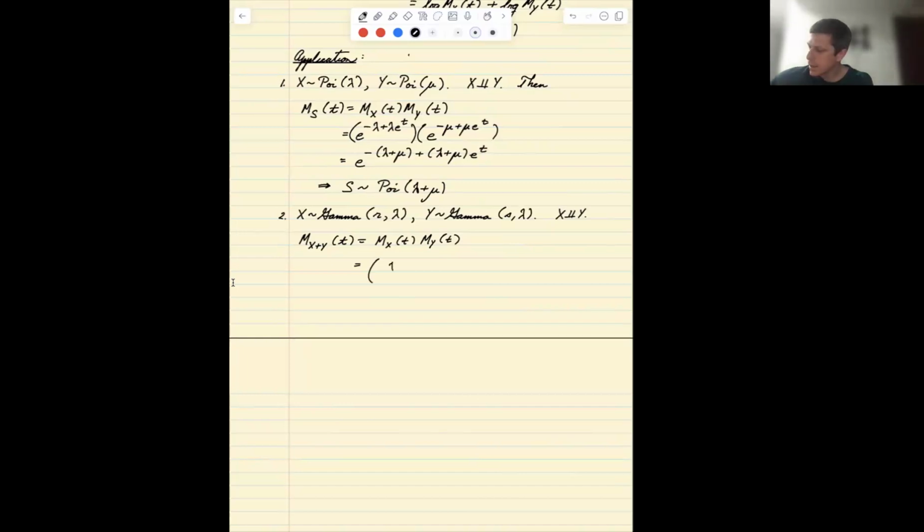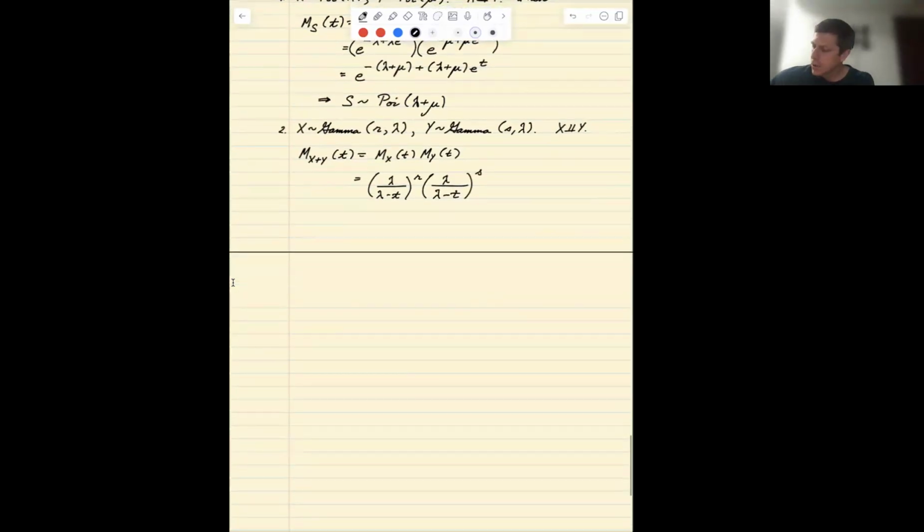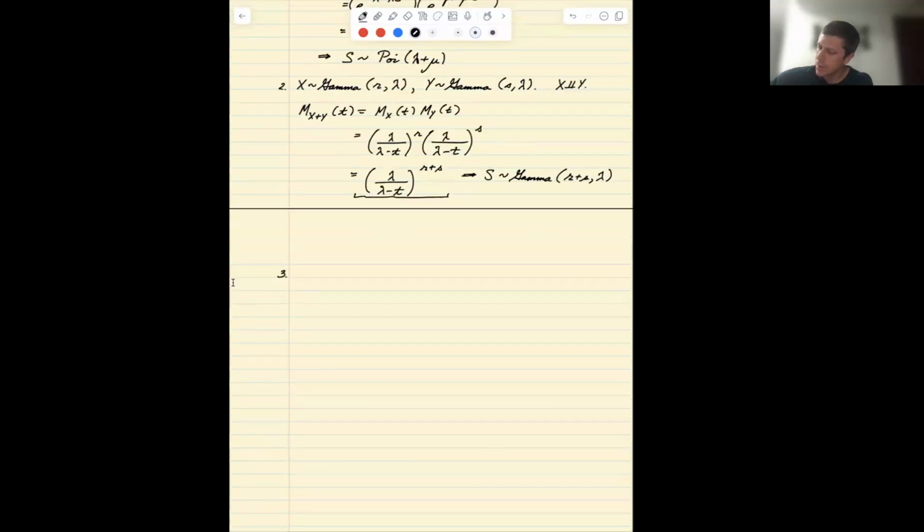They are (lambda over lambda minus t) to the r and (lambda over lambda minus t) to the s, which come together to be (lambda over lambda minus t) to the r plus s, which tells us that S is gamma with parameters r plus s and rate lambda. Again, by the uniqueness theorem, because we can show that this is finite in a region of 0.